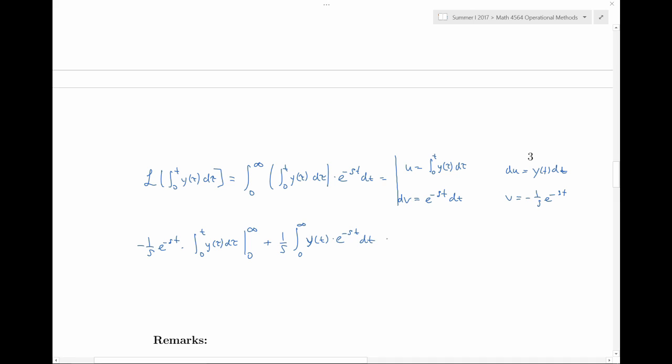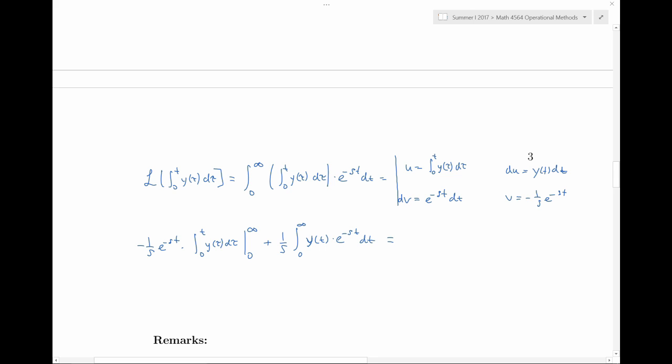So what we need to figure out is what happens with this big product right here when t goes to 0 and t goes to infinity. Well, when t is 0, this integral is 0. So we can just say that this is going to be 0 at 0. At infinity, this integral might actually diverge, but e to the minus st converges to 0, and quite quickly.